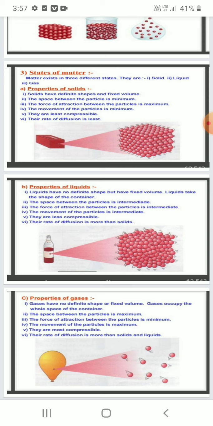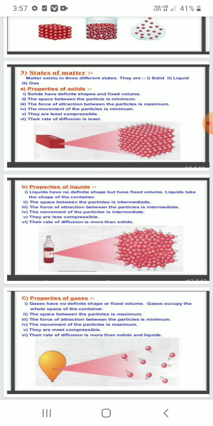So gas also has mass. You can compare an empty cylinder and a filled cylinder. That is how more gaseous molecules can be compressed. So you can see highest compressibility.